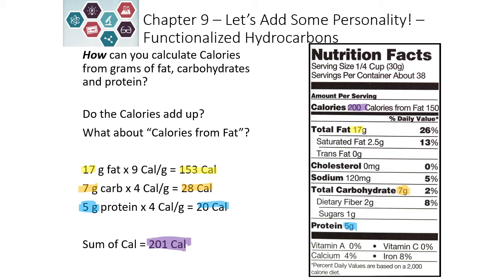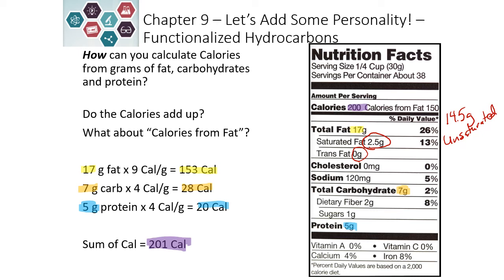However, it says that there's only 2.5 grams of saturated fat and 0 grams of trans fat. So where are the other 14.5 grams? Well, the other 14.5 grams are unsaturated fat.